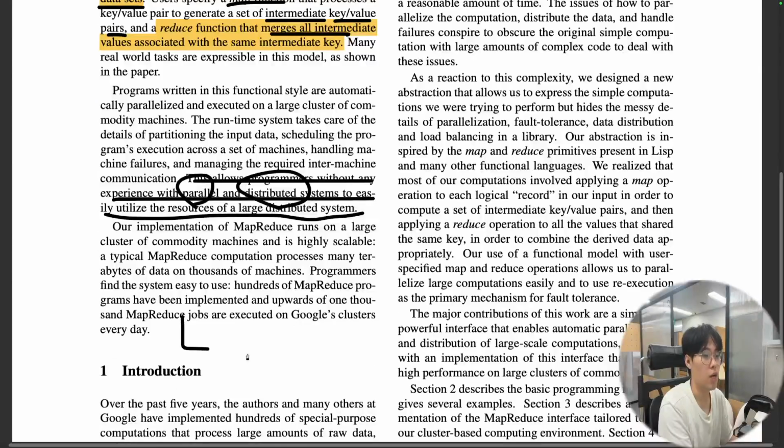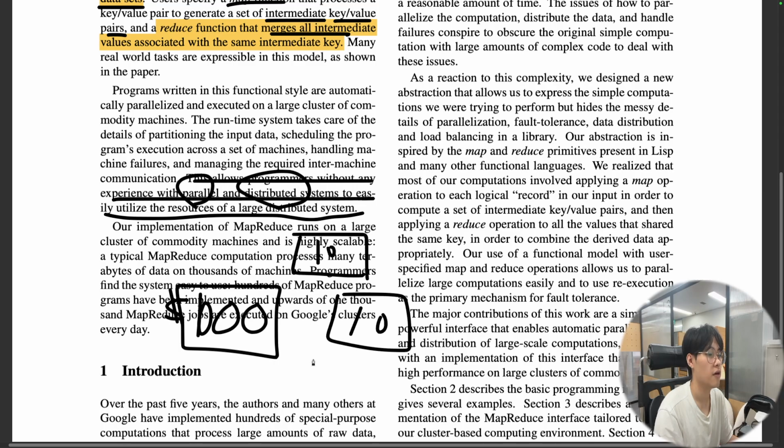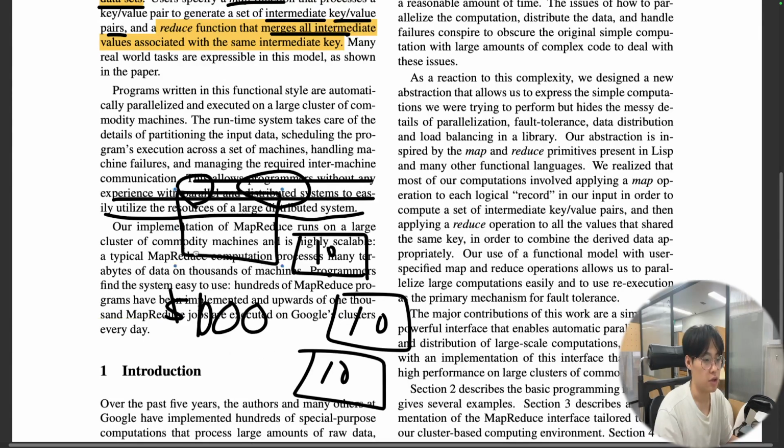Rather than using a really expensive server, you can just use cheap servers instead. Of course, the computation on each one is weaker, because a more expensive server's hardware spec is much better, like 10 or 100 times better.